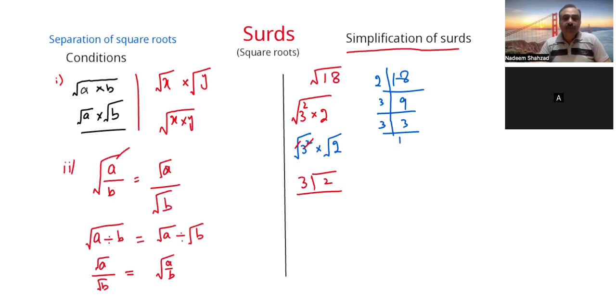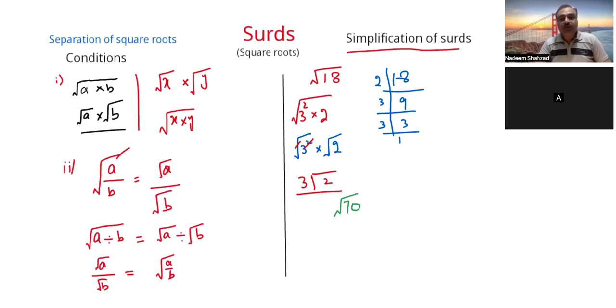Okay. One more question regarding this. Suppose we have square root of 70, and they ask, simplify it if possible. So the condition here is, if possible.